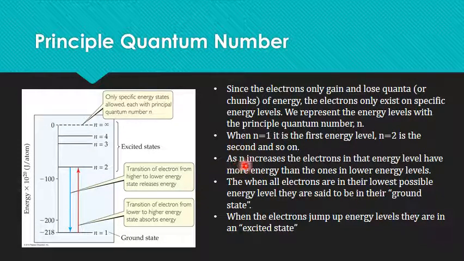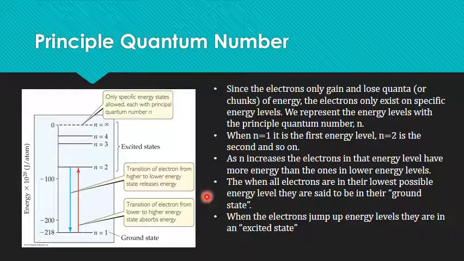As N increases, as the energy level increases, the electrons in that energy level have more energy associated with them. So if you're in energy level 2, you have more energy in your electrons than you do in energy level 1.